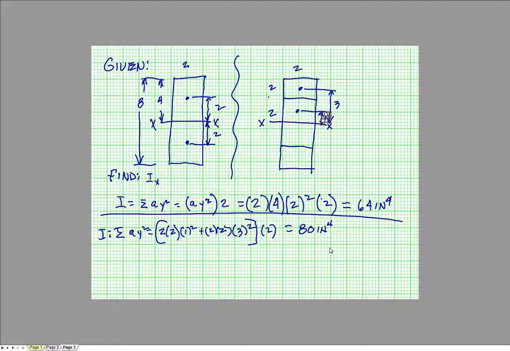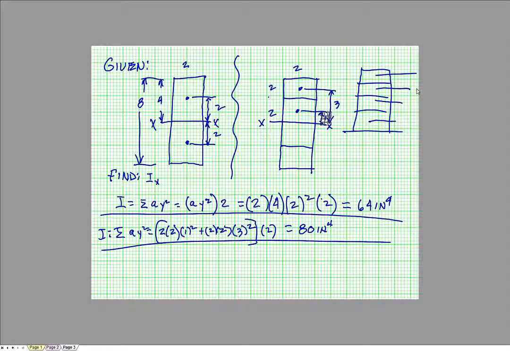They're different, aren't they? Exact same shape, different answer. If we look at the top half there and break it up into 1-inch pieces and do the same process, we have a 1/2 inch, then 1.5 inches, then 2.5, and 3.5 for our distances. I now equals 2 times 0.5 squared plus 2 times 1.5 squared plus 2 times 2.5 squared plus 2 times 3.5 squared.